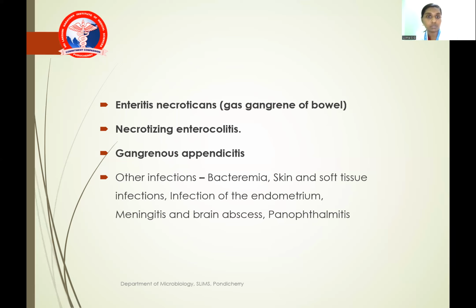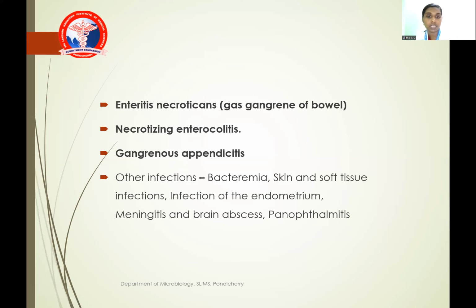There is necrosis of the jejunum. Okay, and the next one is necrotizing enterocolitis, and it can also cause gangrenous appendicitis. So it can cause food poisoning, enteritis necroticans, necrotizing enterocolitis, and gangrenous appendicitis. So these are the enteric infections caused by Clostridium perfringens.